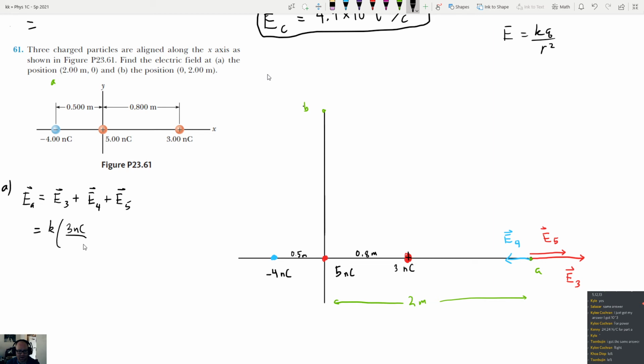And then plus E5. E5 is the distance of 2 meters away, and it's 5 nanocoulombs. And the answer is 24.24 newtons per coulomb. Do people agree with that? Yeah. Get the same thing?